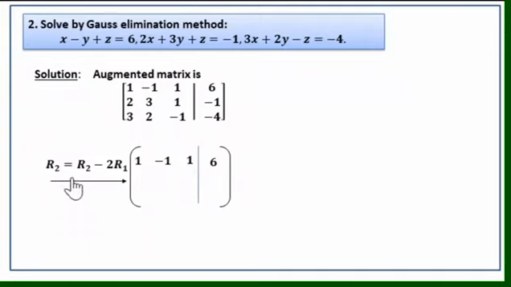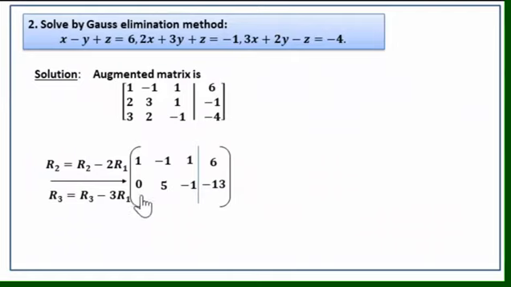Second row R2 is R2 minus 2 R1: 2 minus 2 times 1 is 0, then 3 minus 2 times minus 1, it is 5, then we have 1 minus 2 times 1 is minus 1, then we have minus 1 minus 2 times 6 is minus 13.